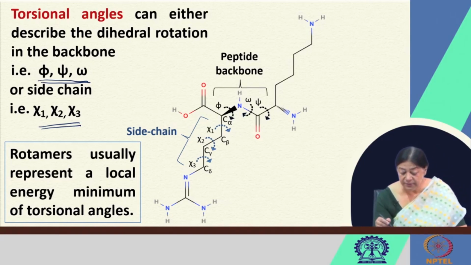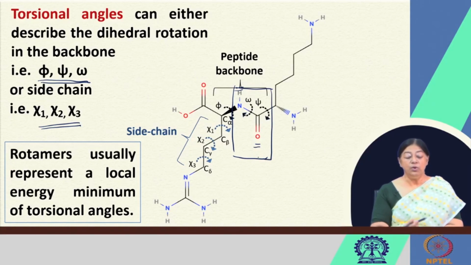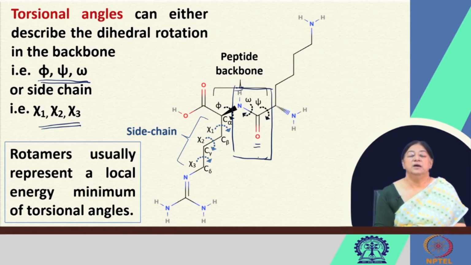This is our amino acid where we have a peptide bond. So, this is our peptide bond, C double bond O, NH. Now, we are looking at a definition for a dihedral angle. A dihedral angle is an angle present between two planes.